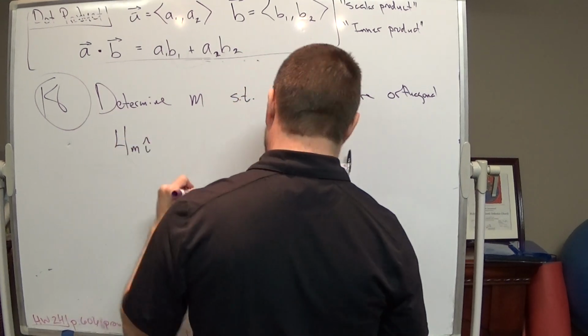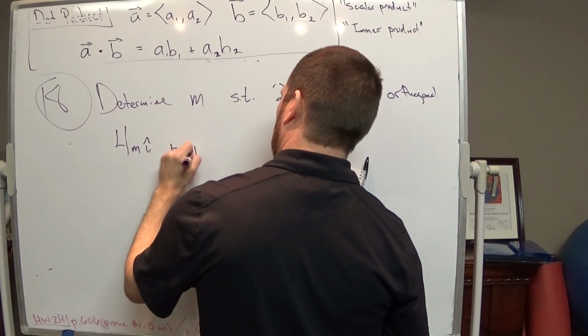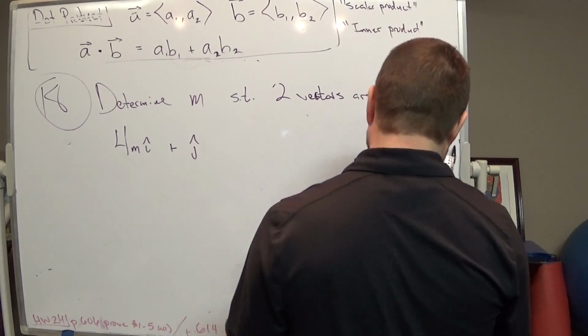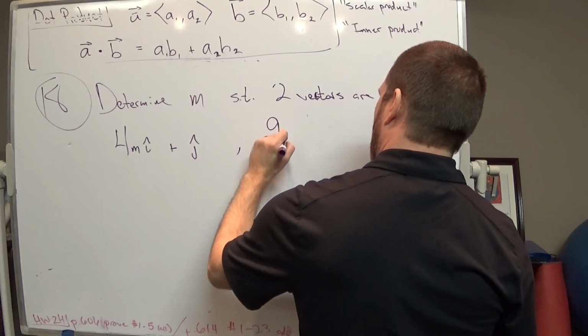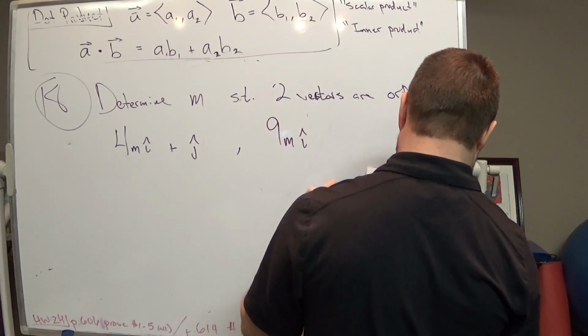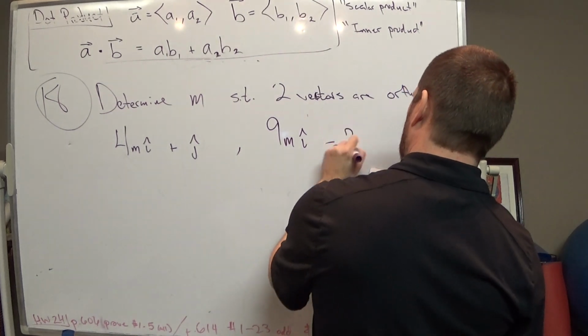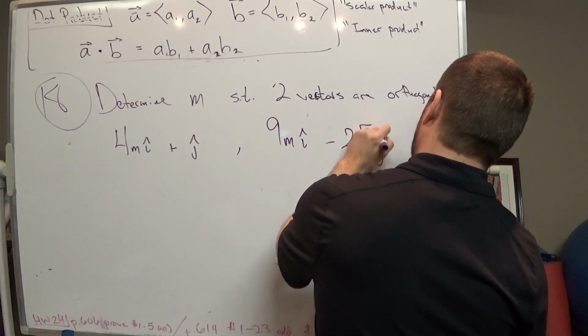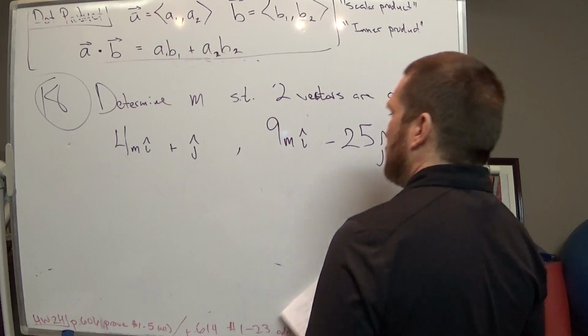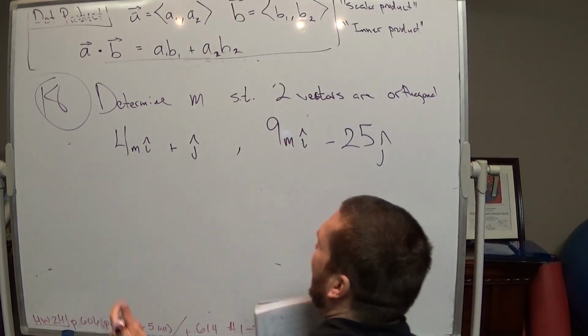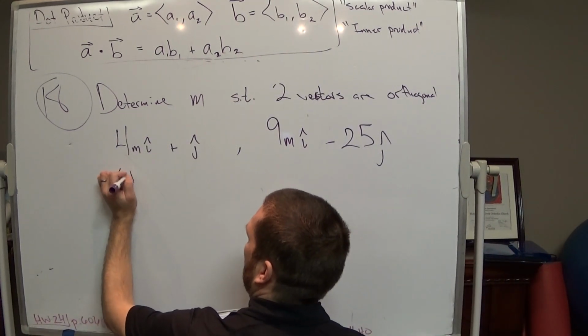Here are the two vectors: 4m i hat plus j hat, and 9m i hat minus 25 j hat. Right off the bat, I like to have it in this form. Me too.